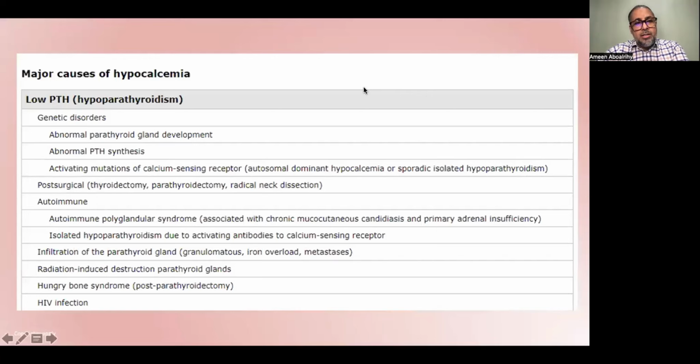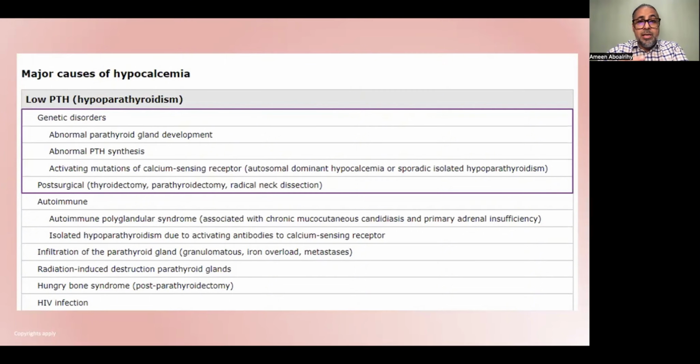Starting with hypocalcemia, low PTH, hypoparathyroidism would be because of any one of these, like genetic disorders. The parathyroid gland did not develop yet, or abnormal PTH synthesis, or there is a mutation in the calcium sensing receptors. These calcium sensing receptors are important to regulate the PTH secretion.